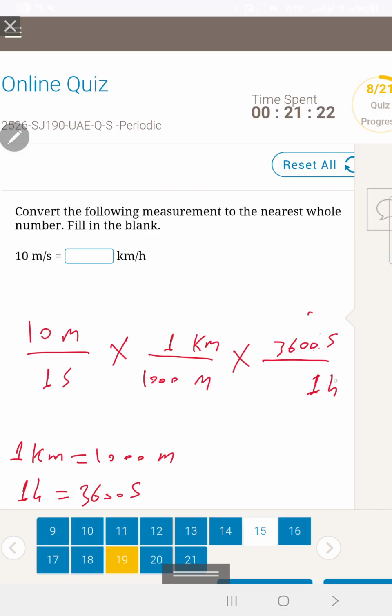Like this you can cancel now. Meter and meter. Second and second. So what's left over? You can cancel the zeros. 1, 2, 3. 1, 2, 3. So the answer will be 36.